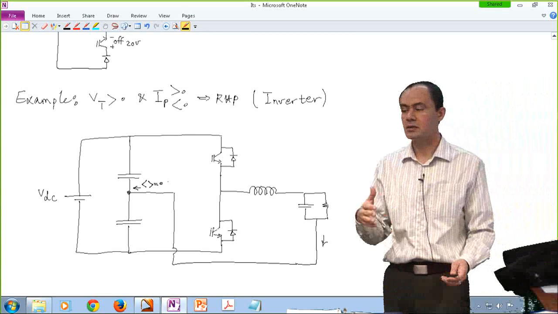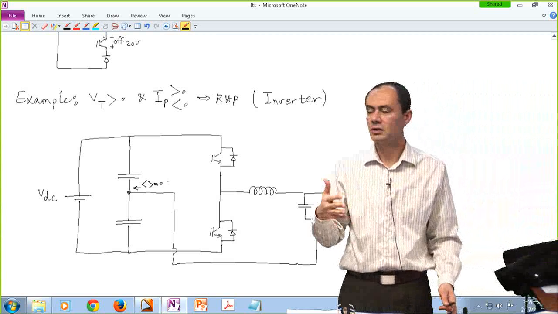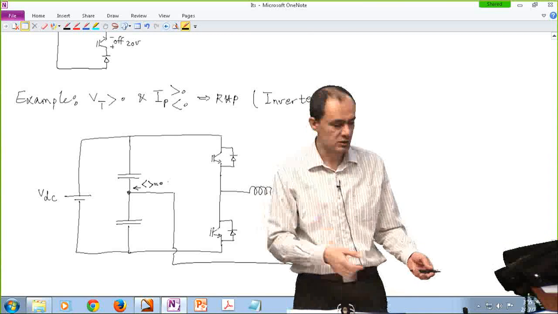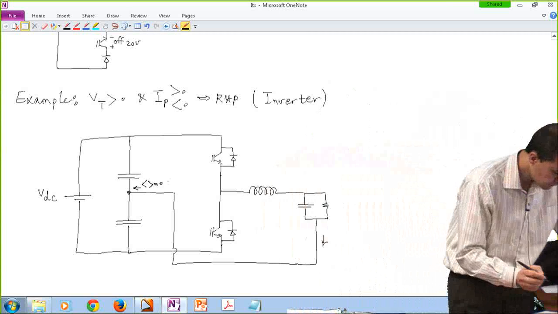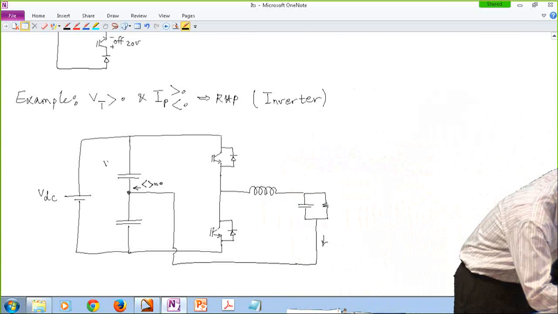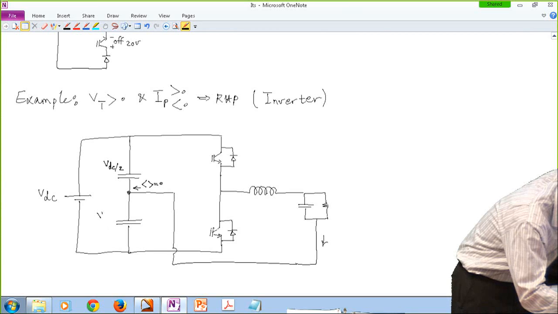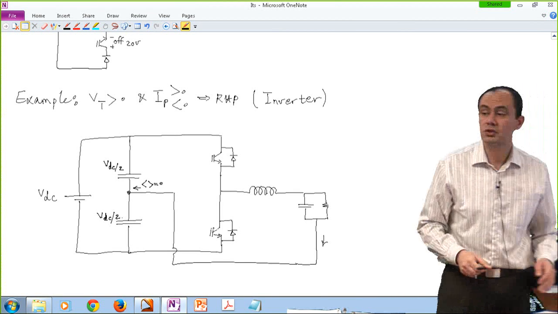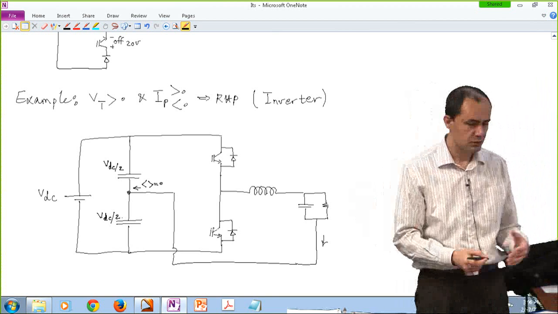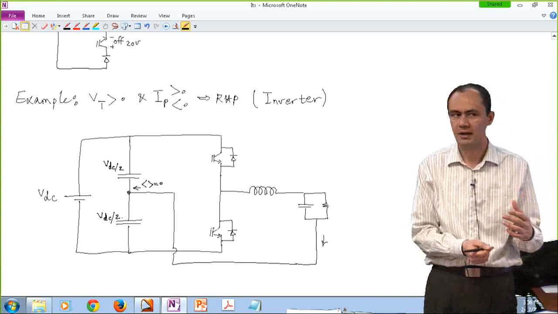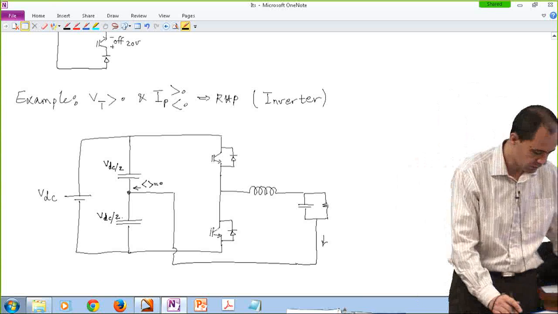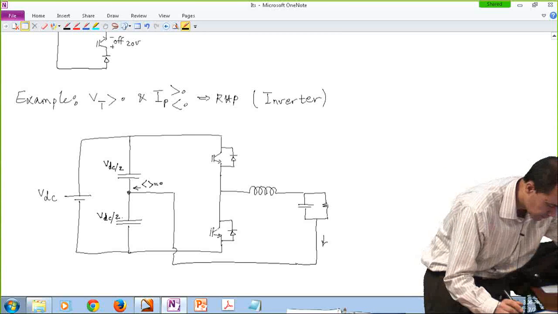Otherwise, one of these capacitors is going to get charged and the other one is going to keep getting discharged, and it's not going to split anymore. So this is VDC over 2. Again, these capacitors are assumed to be large enough, so their voltages do not change much. They are equal in size, so they are splitting the input voltage.